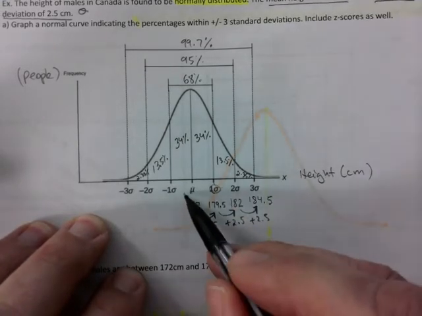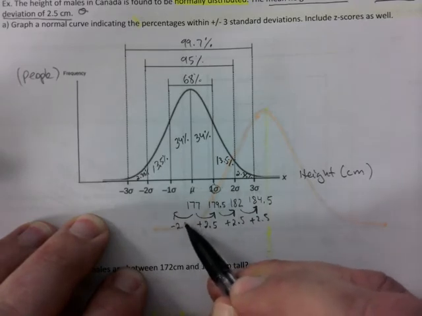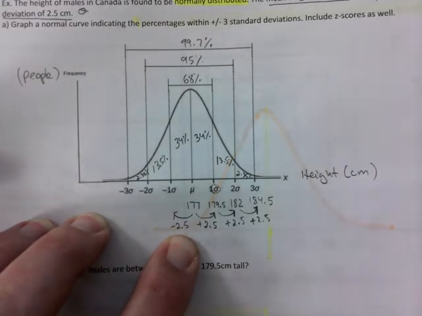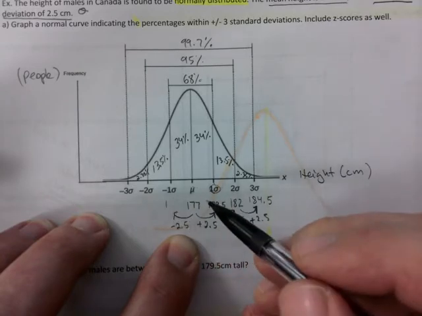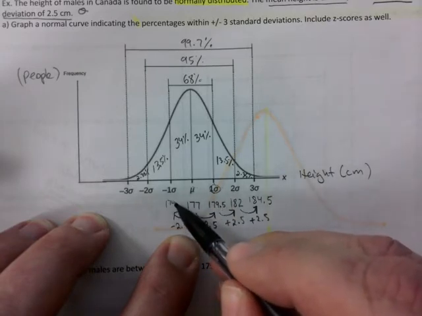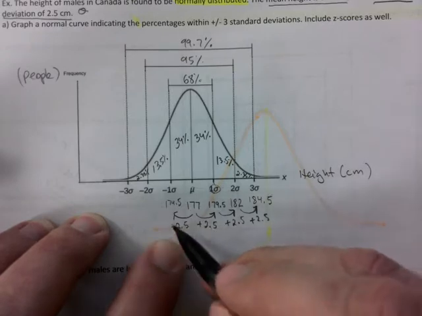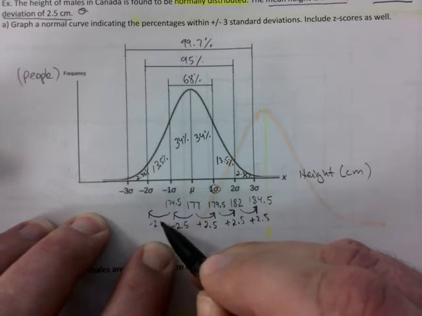Now let's go the other way. To go to the left, you need to subtract the standard deviation. Whatever your standard deviation is, you subtract it from this. So this will be 174.5. I hope you can see that. It's a little small. I apologize. Go 1 over, take away another 2.5.